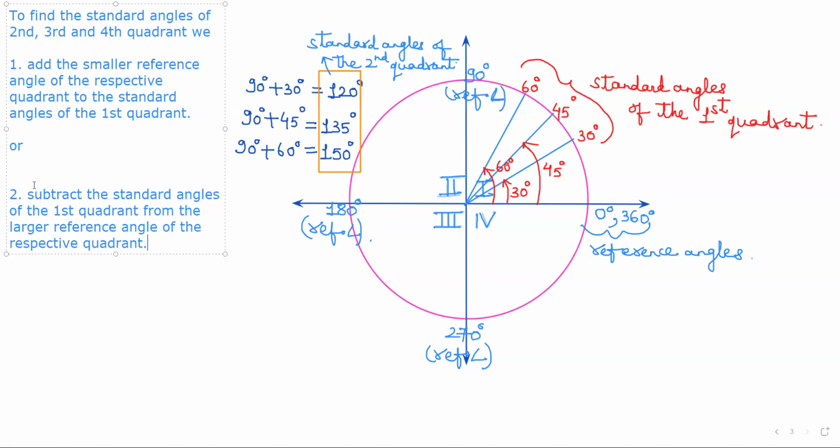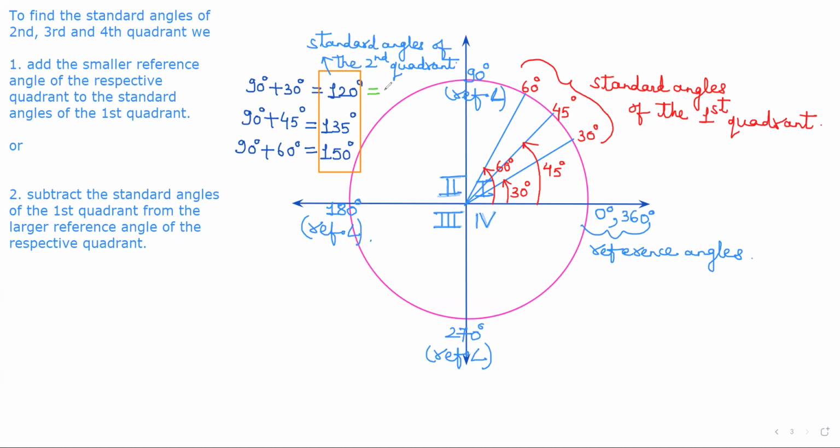That is the respective quadrant. So in this case, subtract the standard angles of the first quadrant from the larger reference angle of the respective quadrant. What will we do for this? All of you please pay attention.